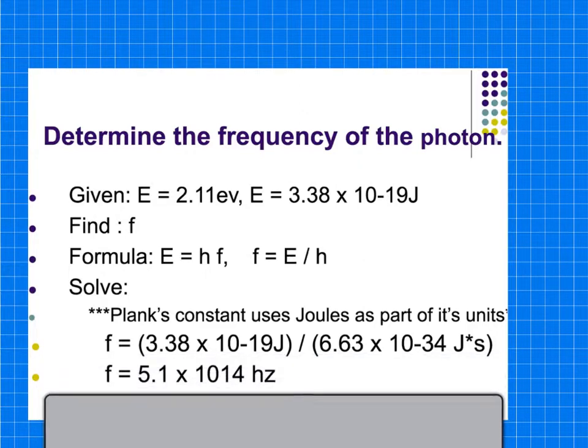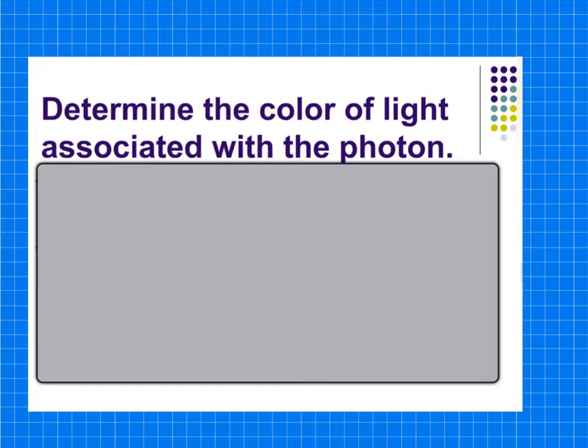And you should have gotten 5.1 times 10 to the 14th hertz. Now anything times 10 to the 14, you should know from your waves unit, is going to fall in the visible light range. So now that we have this frequency, how can we determine the color associated with it?